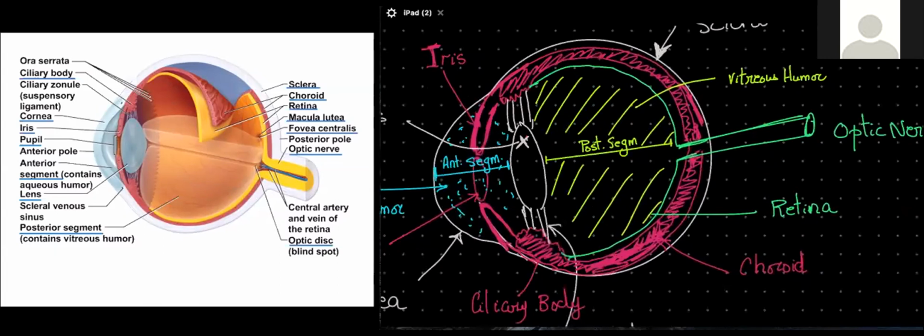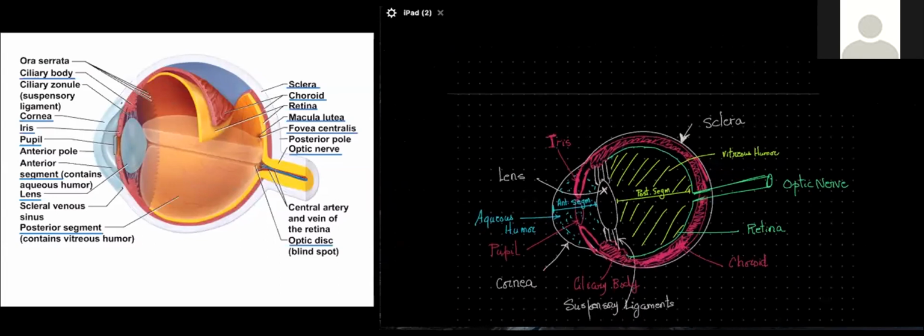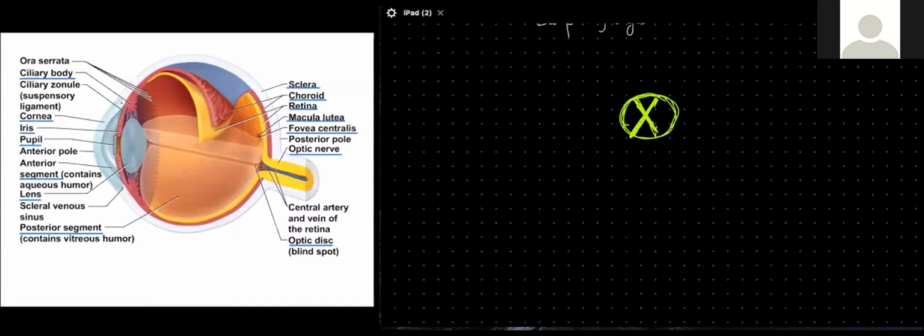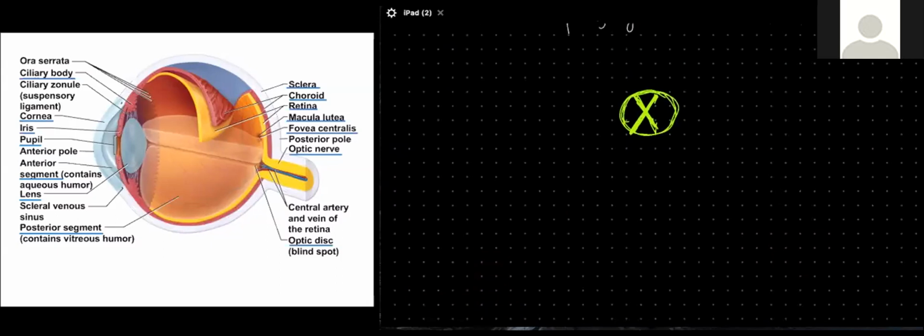If you're looking right now at the screen of your device, please focus on this point here. Just focus on this point. Look at this X inside the circle. Can you still see this bird?